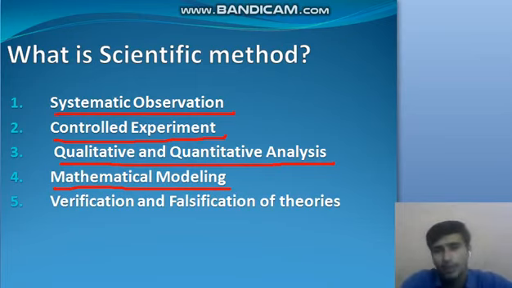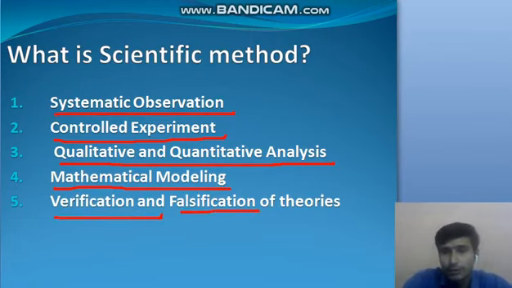We derive a mathematical formula regarding it, and after deriving the formula we verify and falsify the theories. If the theory is correctly verified by the mathematical equation, it's okay, but if something is wrong in the theory, we verify it again with the mathematical equation. That is called falsification of the theory, right?